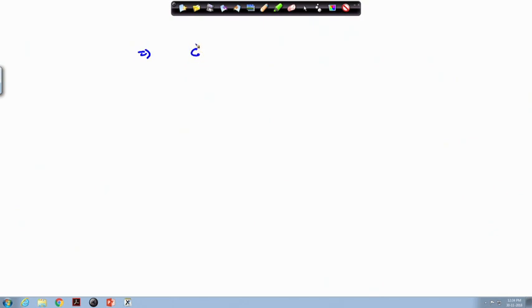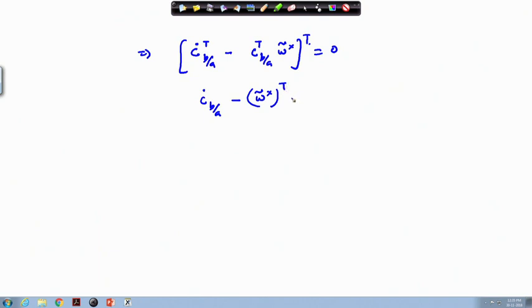So, C dot transpose B slash A minus C transpose B slash A omega tilde cross, take the transpose of this, must be equal to 0, and if we take the transpose, this gets reduced to C dot B slash A minus omega tilde cross transpose times C B slash A.